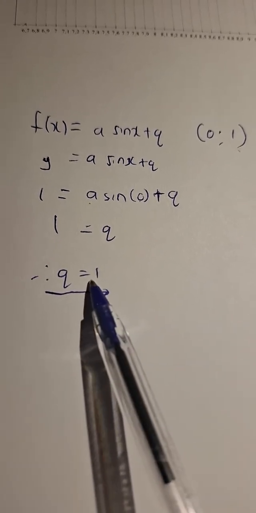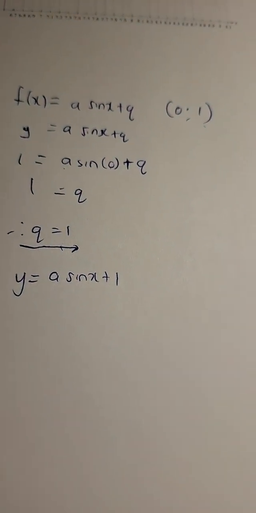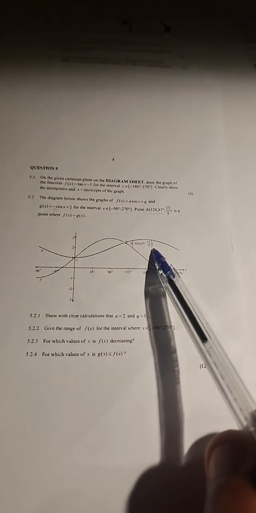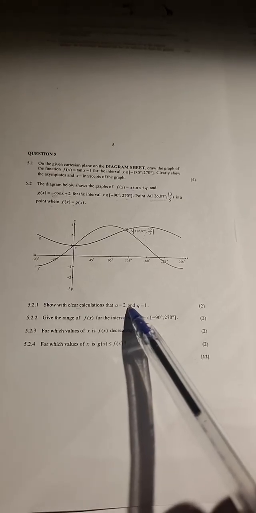So q is equal to 1. We've been able to show that quite convincingly. Okay. Now, what about a? Well, we can use that other point of intersection, which is 126,87 and 13/5. Hopefully by that we can find the value of a. So let's substitute the point 126,87 and 13/5.